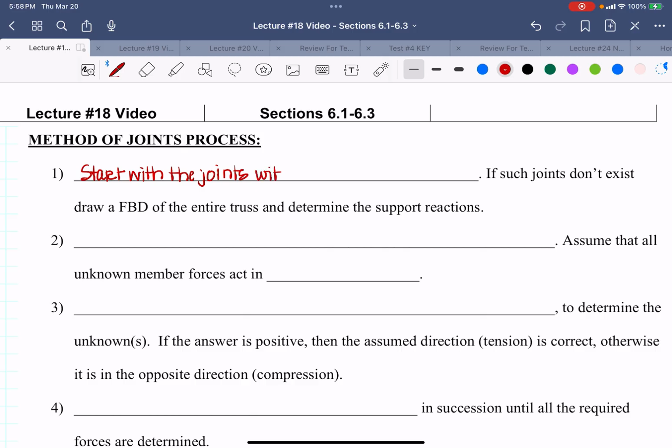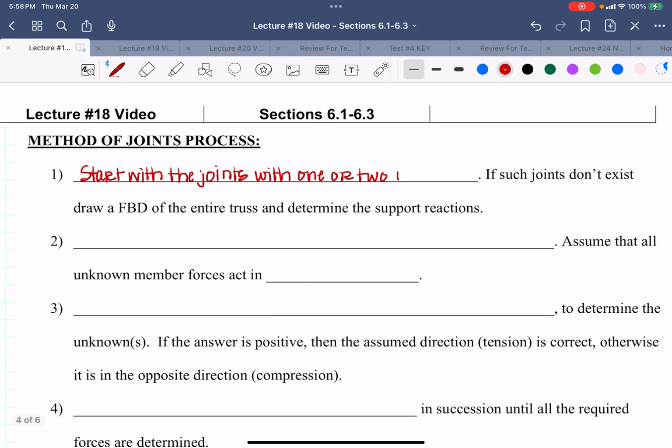We can't solve more than two because we only have two equations. So that's the first thing we're going to do, is look for joints where we only have one or two unknown forces.